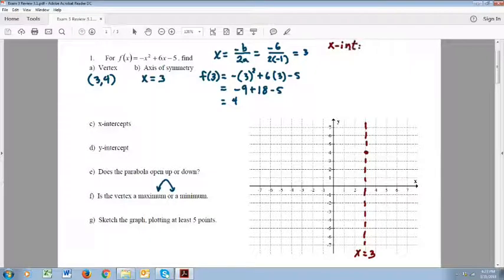So let's go ahead and find the x-intercept, or intercepts depending on the situation. So when we let y equals 0, we get 0 equals negative x squared plus 6x minus 5. And I really don't like the minus x squared, so we can actually multiply both sides by negative 1.